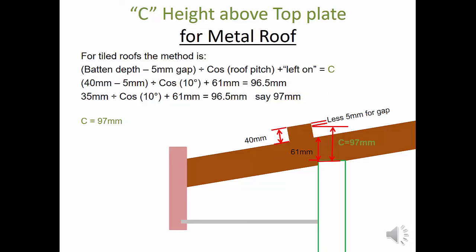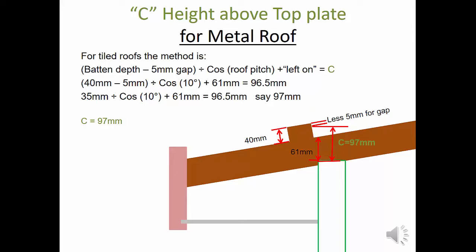This example is for C, height above top plate, for a metal roof. You will need to know the batten depth, the amount of gap, which is 5 mm standard, the roof pitch, and the rafter left on dimension. So the formula is bracket, batten depth minus 5 mm gap, close bracket, divided by cos roof pitch, which will be 10 degrees, plus rafter left on dimension.